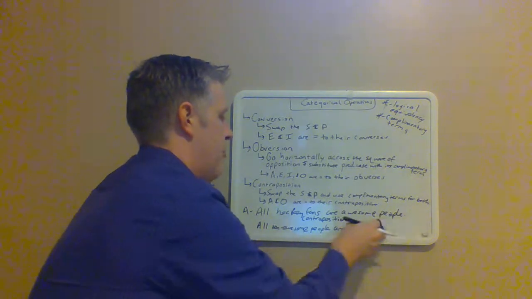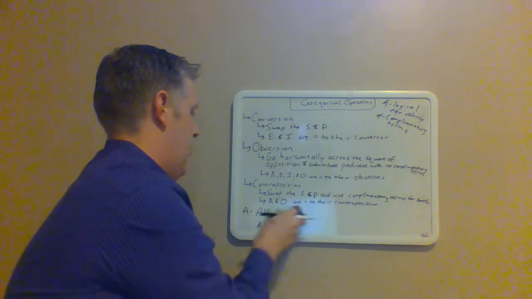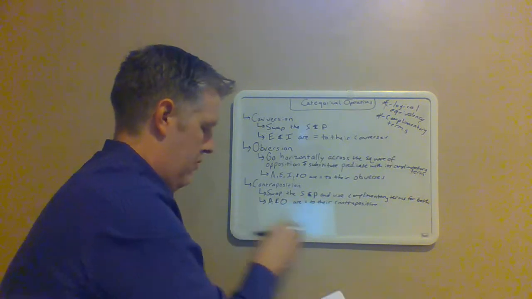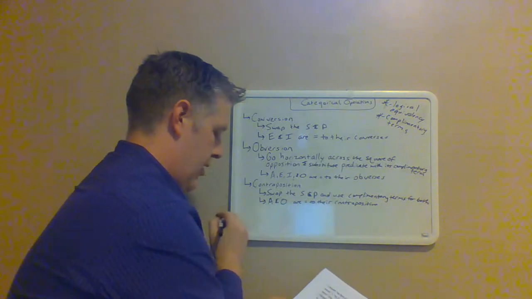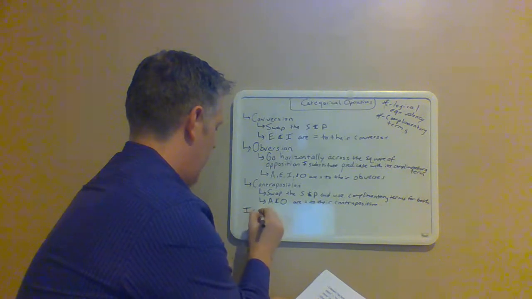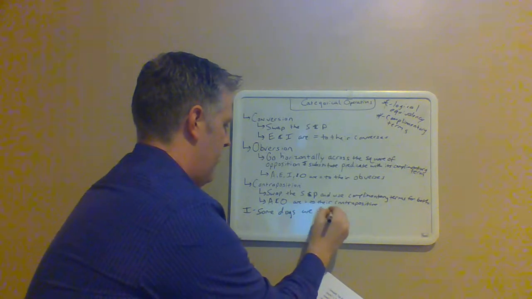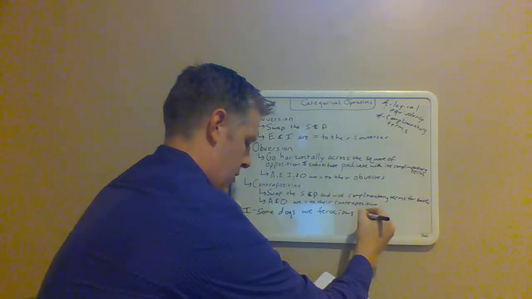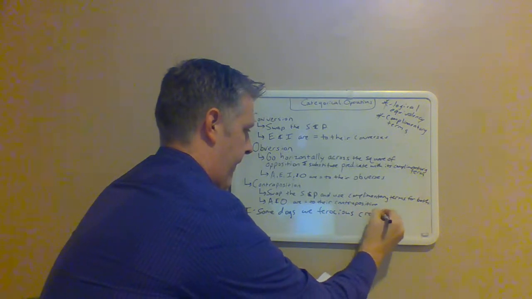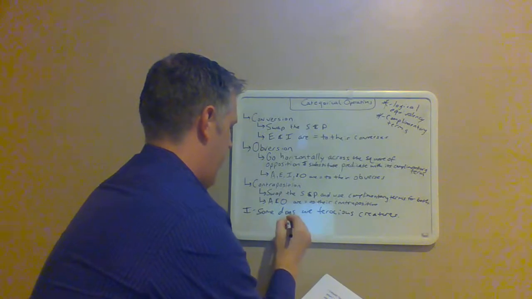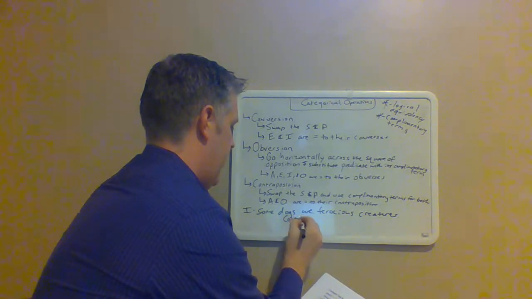And one last example. Let's start with an I claim. Some dogs are ferocious creatures. Perform the operation of contraposition on that.